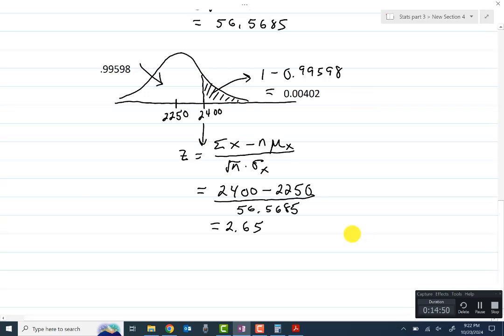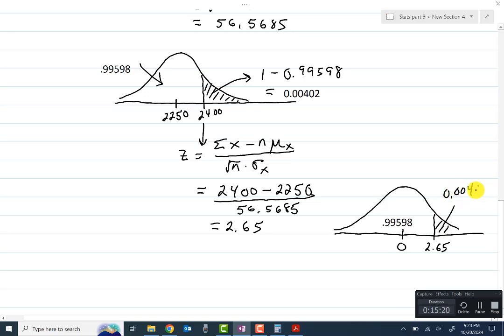I suddenly realized I never even drew a standard normal distribution. I'll do that so that I make the problem complete like the rest of them. This was supposed to be 0 up to 2.65, and of course the area we found using the table, and then over here 0.00402.